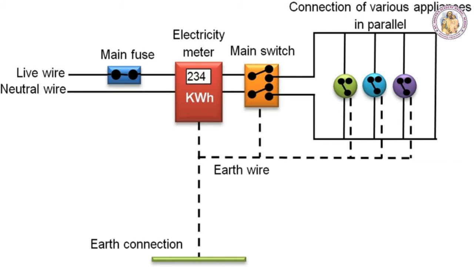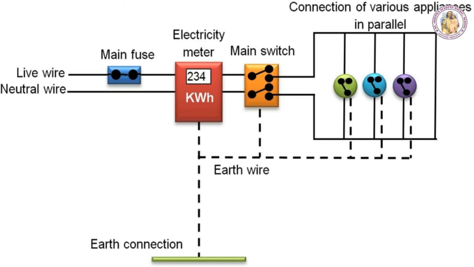The fuse box contains either a fuse wire or a miniature circuit breaker. The function of the fuse wire or MCB is to protect the household electrical appliances from overloading due to excess current. The electricity supplied to your house is actually an alternating current having an electric potential of 220 volt.